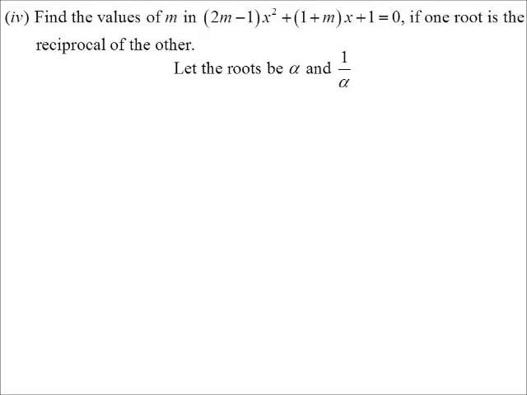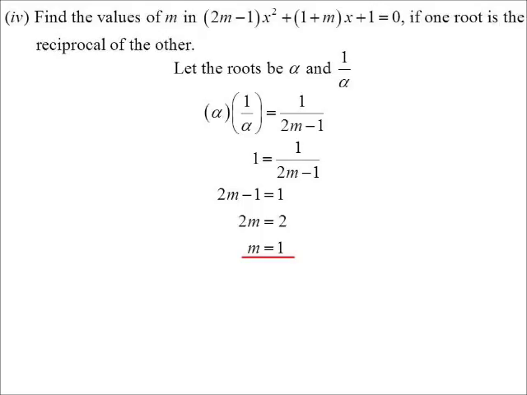If you multiply a number by its reciprocal, what will you always get? Yeah. So I don't actually have to know what the root is. I can say the product of the roots, c on a, will be 1 on 2m minus 1. So I know that's going to be 1. And I can just solve that to work out m. And there it is, m is 1. So when you see reciprocal, have a look at the product of the roots. A lot of times something nice will fall out.